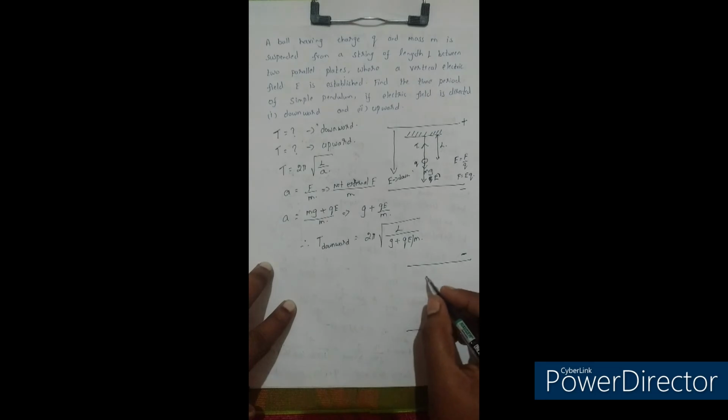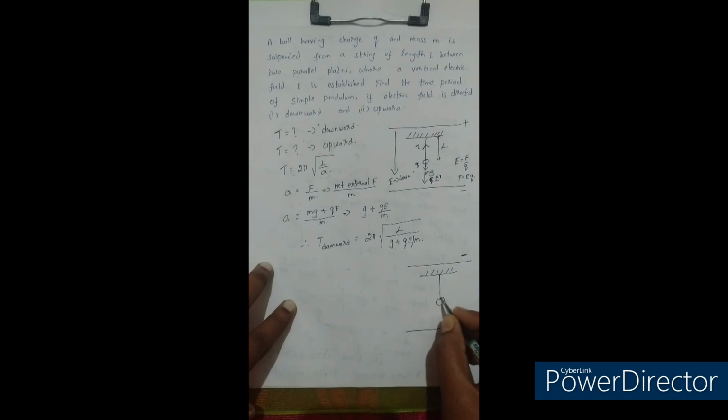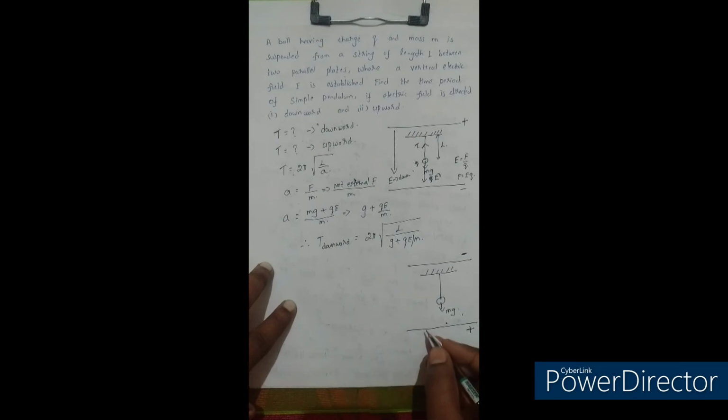This is from where the ball is being suspended, a ball of mass m. The weight mg acts in the downward direction and the tension acts in the upward direction.